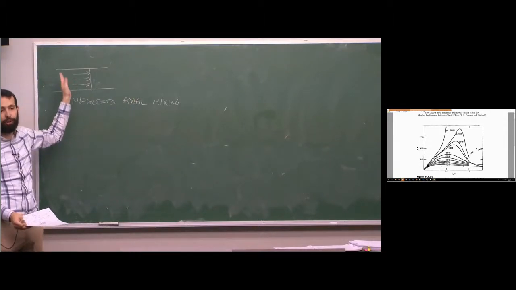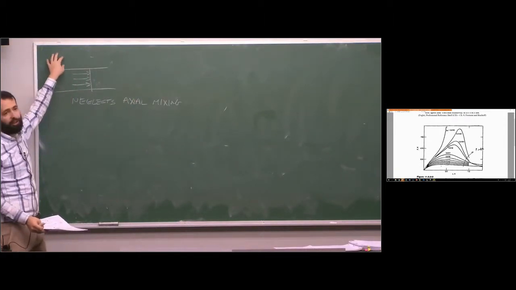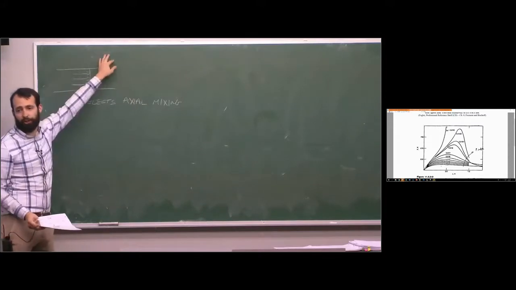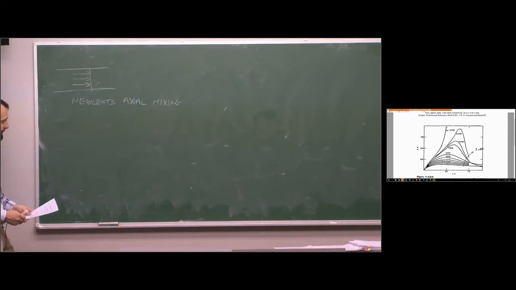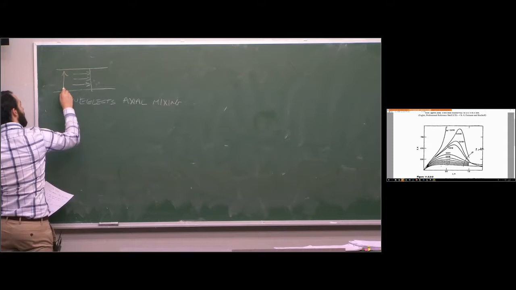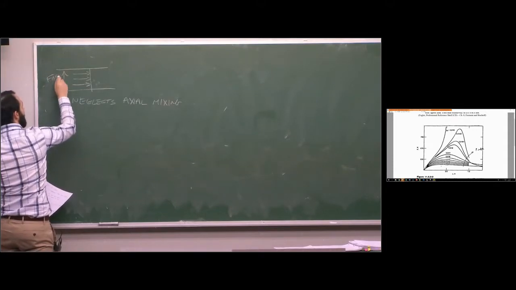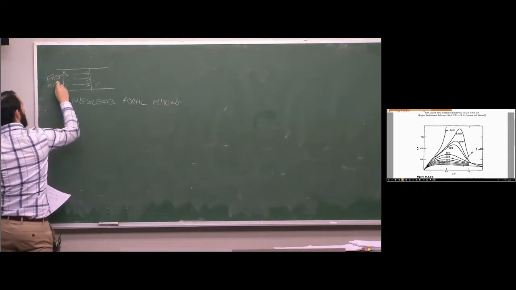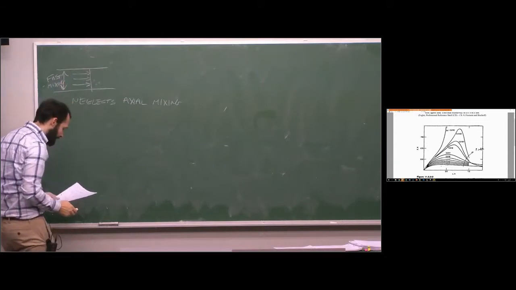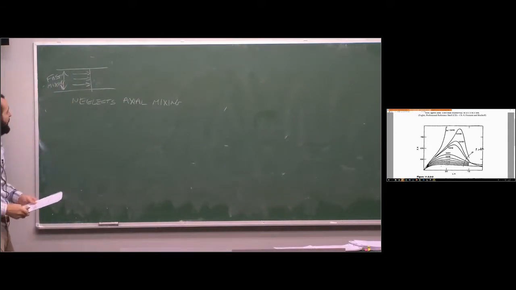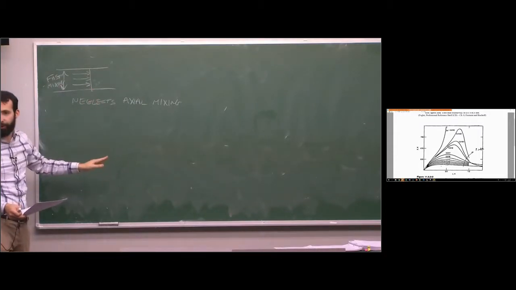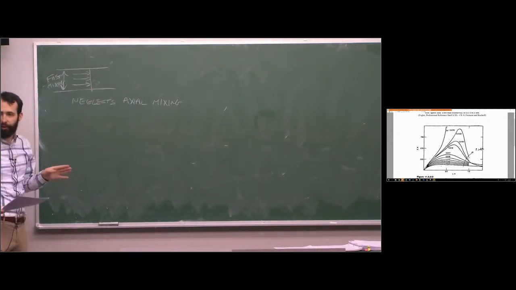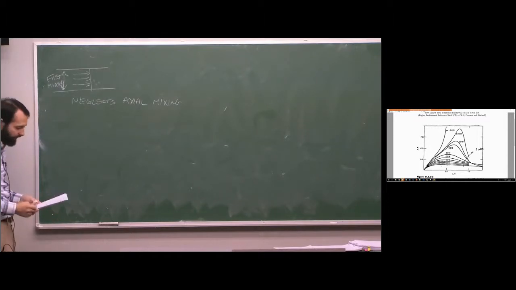We don't have diffusion from a high concentration area to a low concentration area in the direction of the pipe. But it also assumes that you have fast mixing in the radial direction. So it's a little inconsistent in that way. But the fast mixing is what leads to a flat concentration profile in the radial direction, or a flat temperature profile in that radial direction.